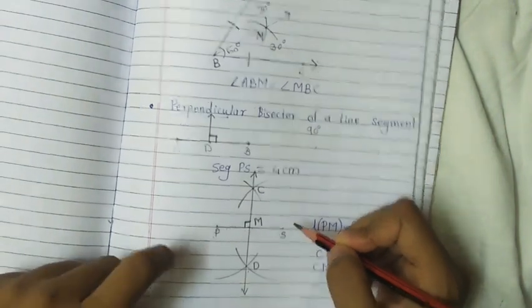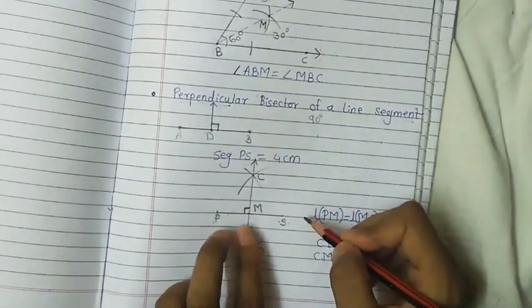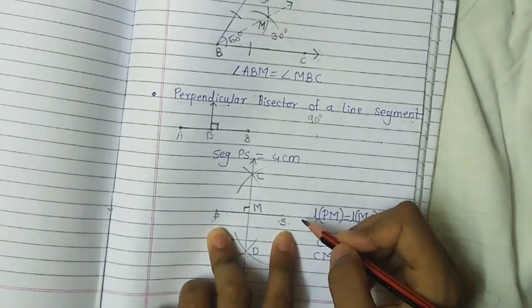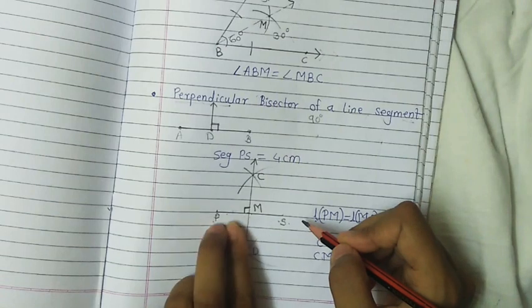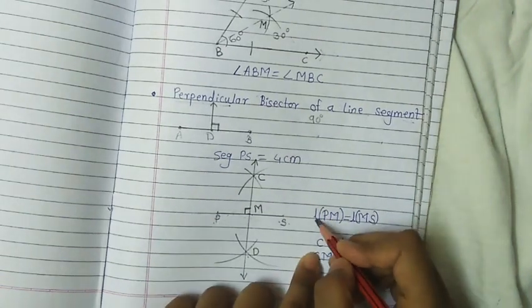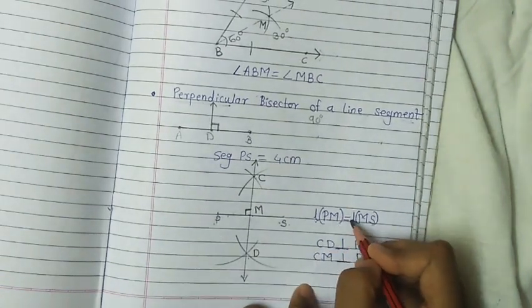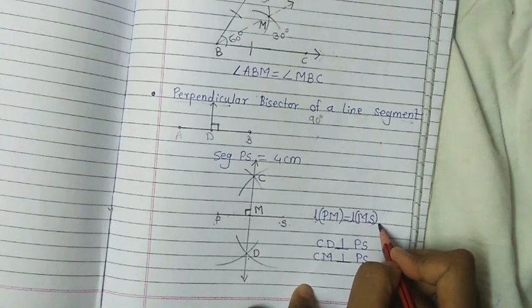Yes, no? Also, this segment PS is divided into two equal parts. Correct. So, from this we can write length of PM is equal to length of MS.